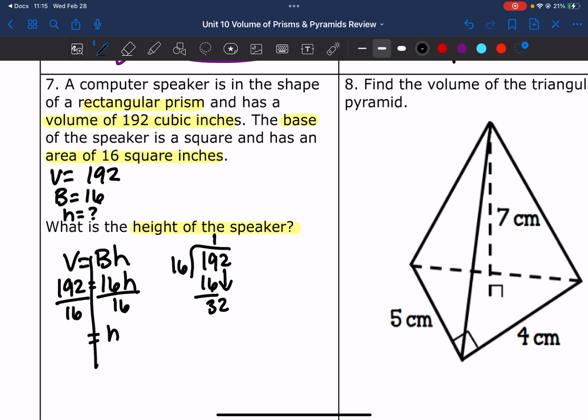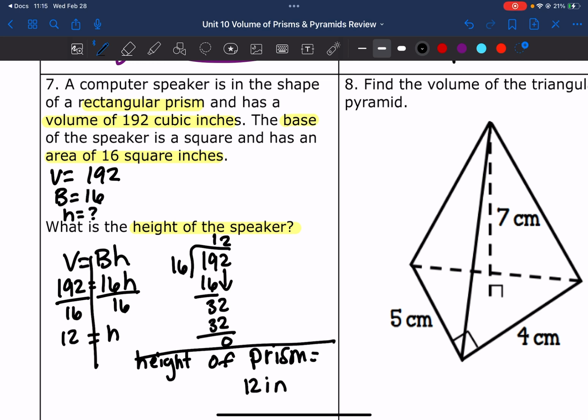And then here, I know that 16 times 2 is going to be 32. Okay, so 12 is my answer. So here, that means that the height of the prism is 12 inches. Okay, this is our answer.